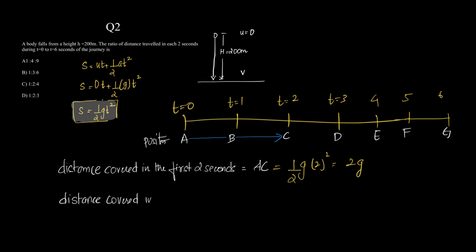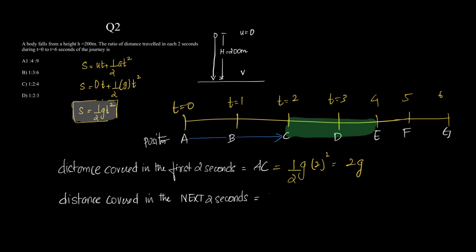Now, what do we have next is distance covered in the next 2 seconds, not in the 4 seconds, in the next 2 seconds. What is the distance covered in the next 2 seconds? If you pay close attention, it is this distance, right? CE is the distance which is covered in the next 2 seconds.